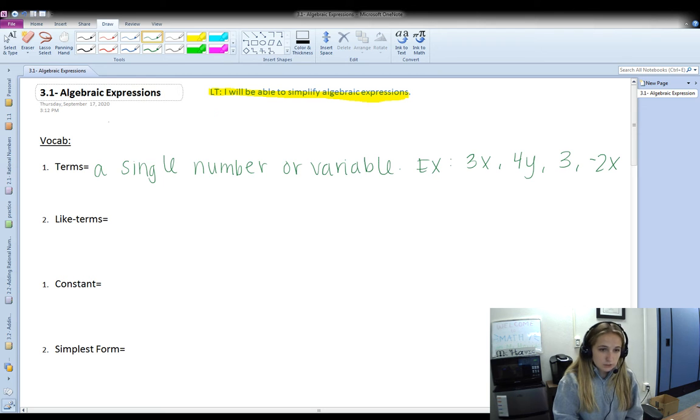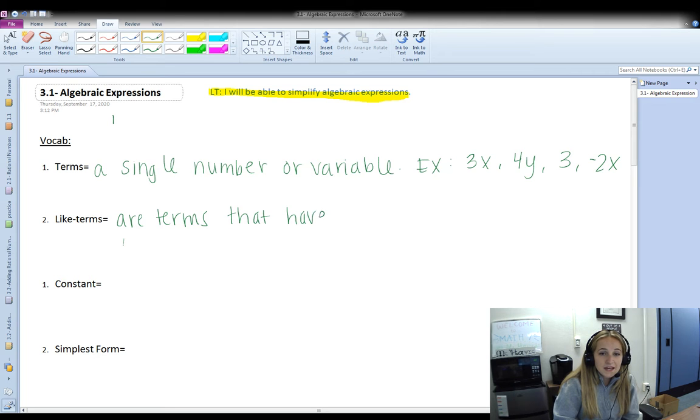A like term. So like terms are, sorry, I couldn't find my cursor, terms that have the same variable raised to the same exponent.